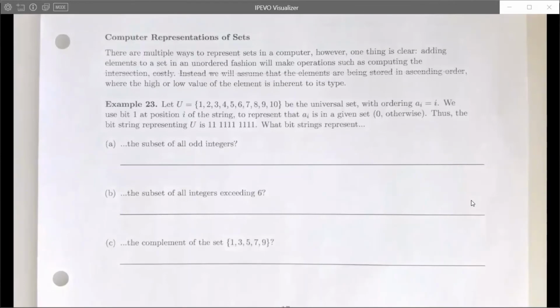So instead, we're going to assume that the elements are being stored in ascending order, where the high or low value of the element is inherent to its type. So for instance, if we're storing integers, then we're storing from the smallest integer first down to the largest integer last.